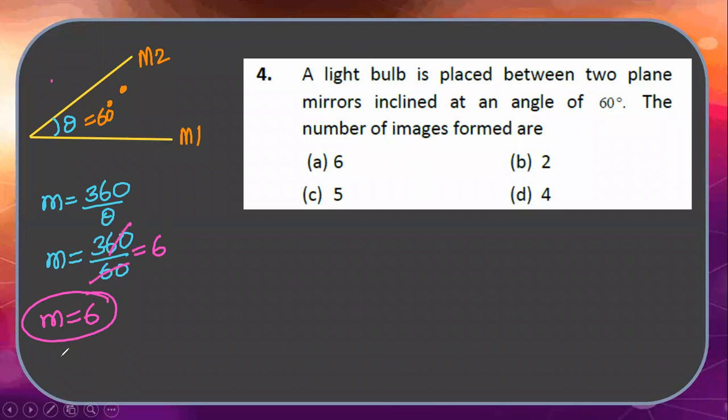M is equal to 6, which is an even number. If it is an even number, the number of images formed is equal to M minus 1.